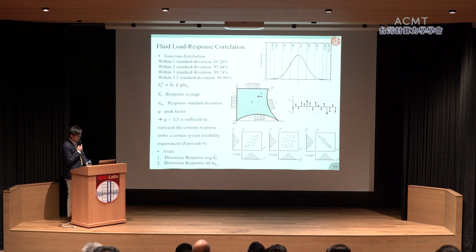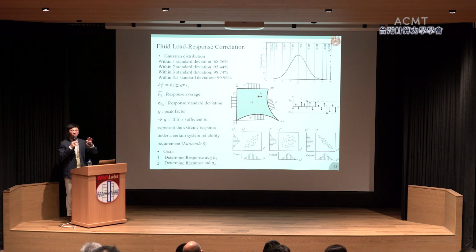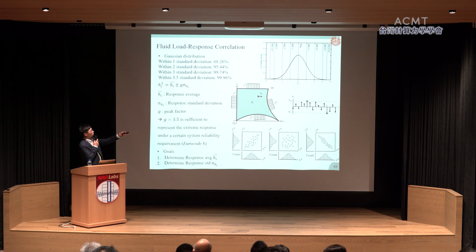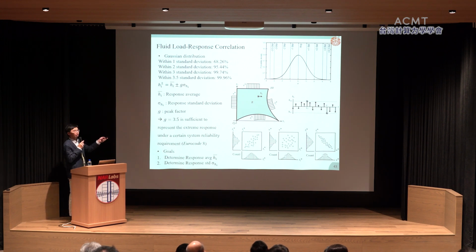So as I mentioned, if we put the average plus or minus, here is the peak vector, because usually for experimental data, we have a Gaussian distribution. So if we control 1, 2, 3, even 3.5 times the standard deviation, we can reach even 99.96%.